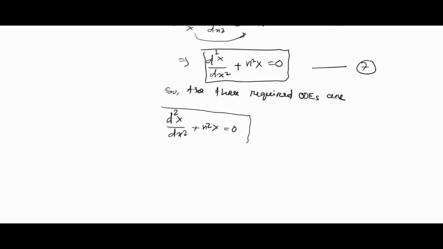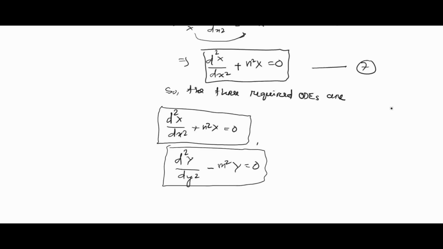This is one. d²y/dy² minus m²y equal to 0. This is another. And the last one, d²z/dz² minus l²z equal to 0. These are the three required ODEs.